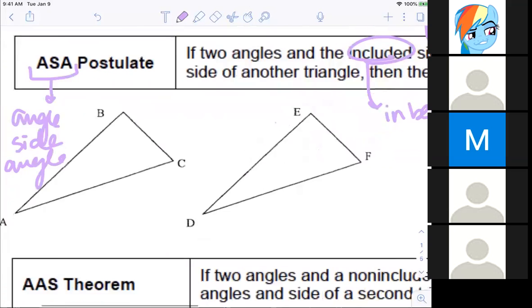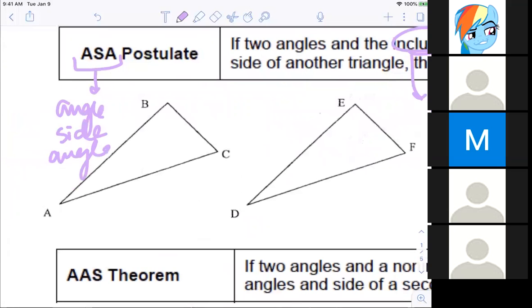I could pick any angles or sides to highlight on here, but I'm going to choose A and D are congruent and C and F are congruent. Their included side is the side that connects the two angles. So if my angles are A and C, then the side that connects them is AC. If my angles are D and F, then the side that includes them is DF.